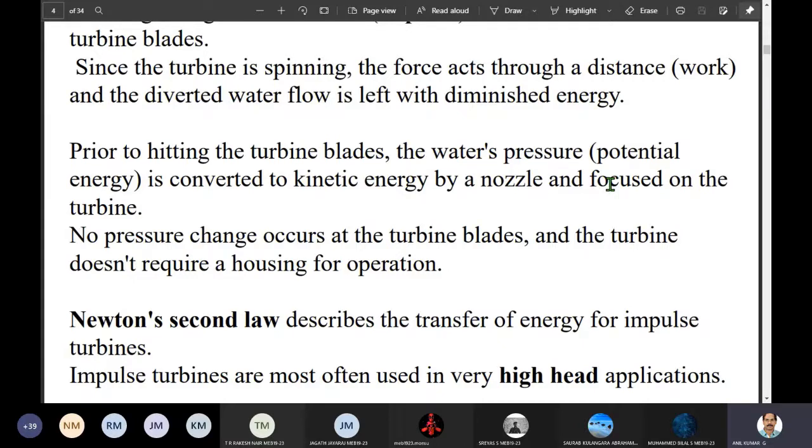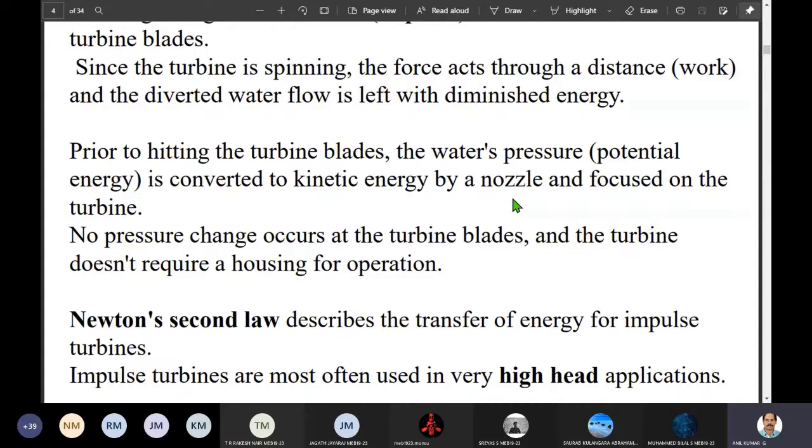Then we use a nozzle fitted at the end of the penstock. So the entire energy, whatever kinetic and pressure, is completely converted to kinetic energy alone. The water comes out of the nozzle possessing only kinetic energy, and the pressure will be atmospheric.